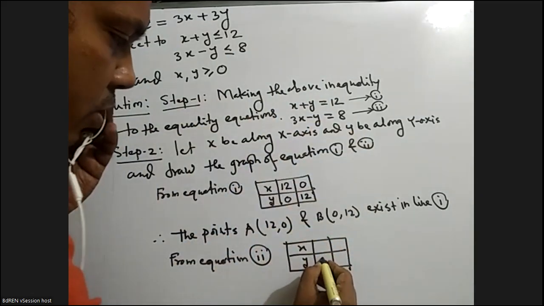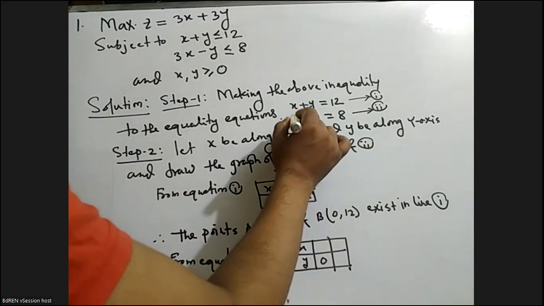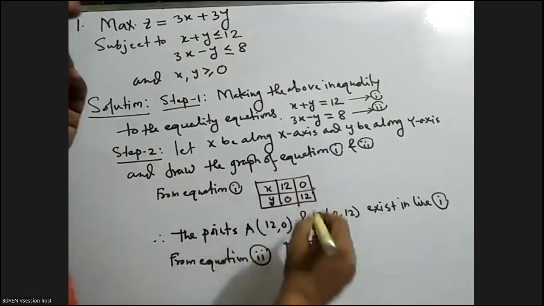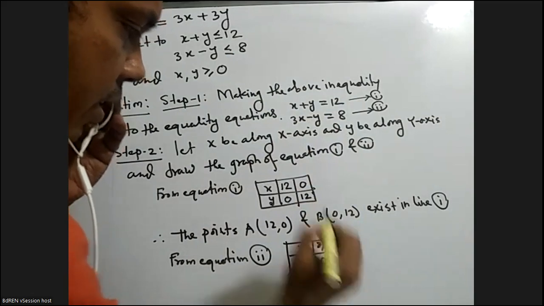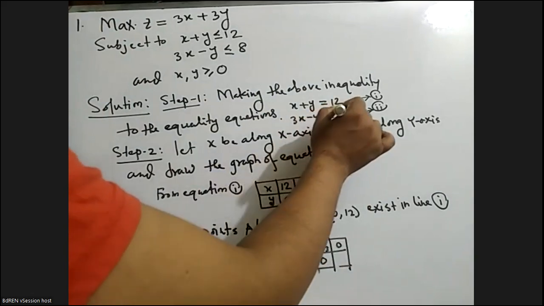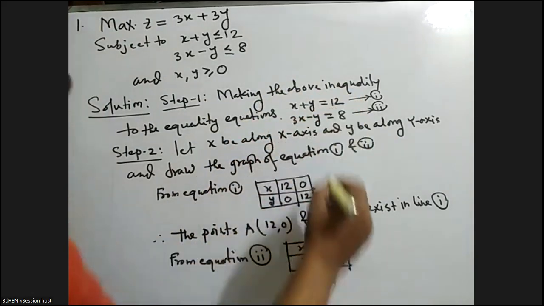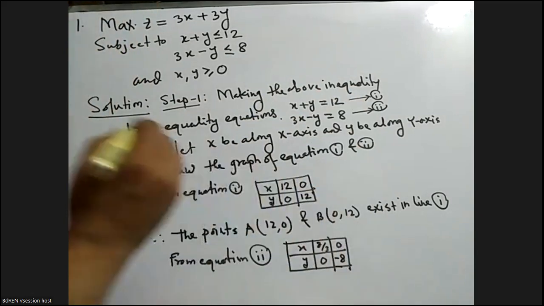Putting y equals 0 in equation 2, we get thrice x equals 8, so x equals 8 by 3. Similarly, putting x equals 0 in equation 2, we get y equals minus 8.